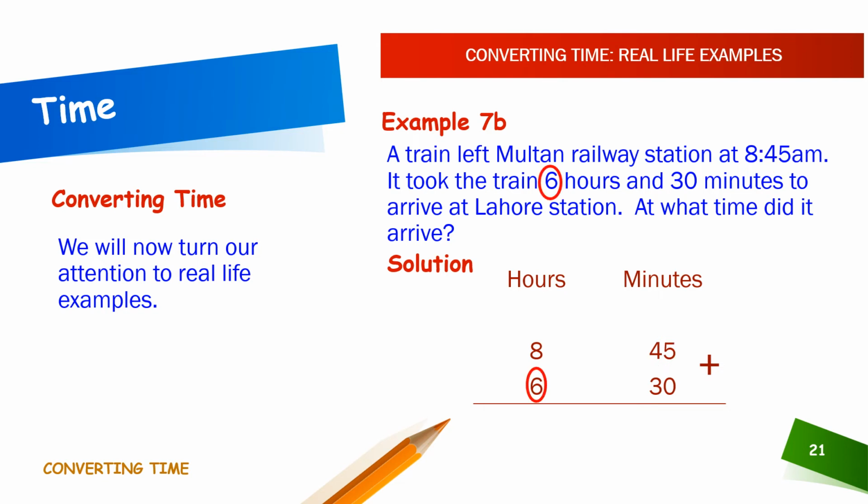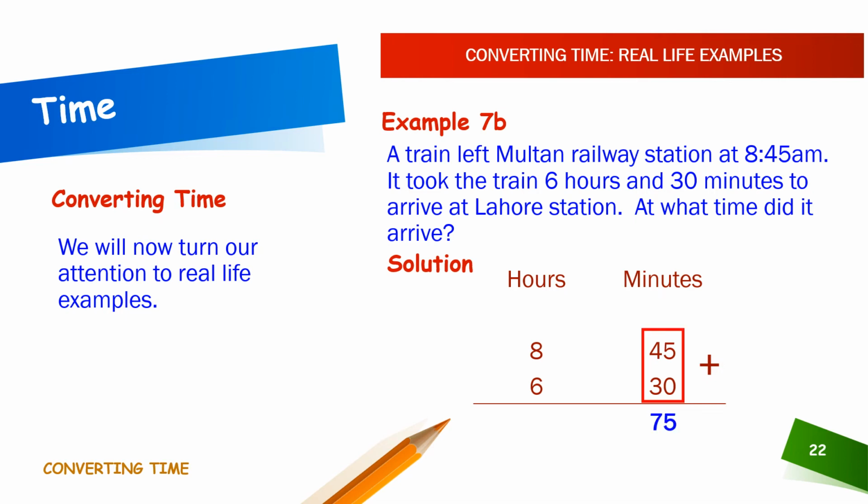And we're going to add on to that the time it took to arrive at Lahore station, so 6 hours and 30 minutes. If we want to find out the arrival time, we need to add both of these together.